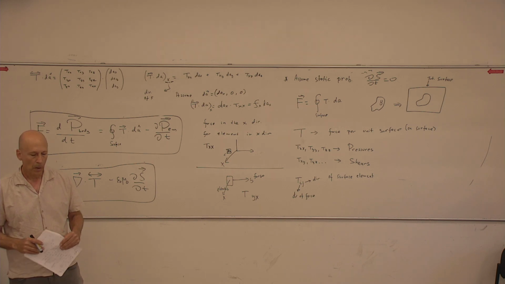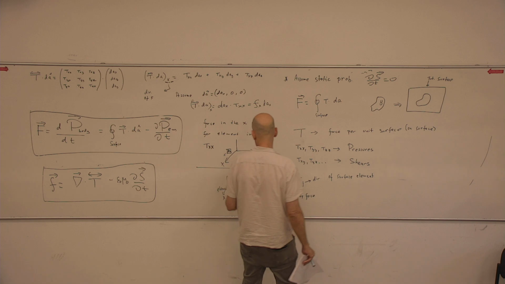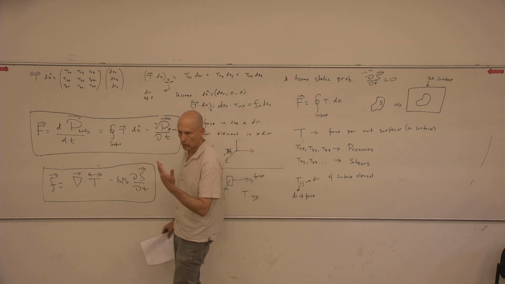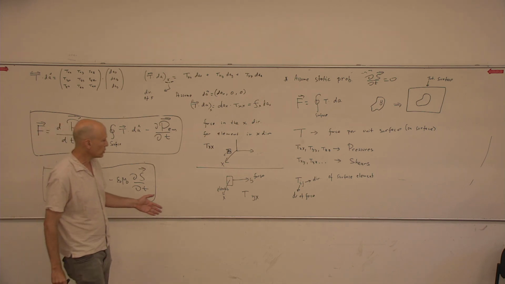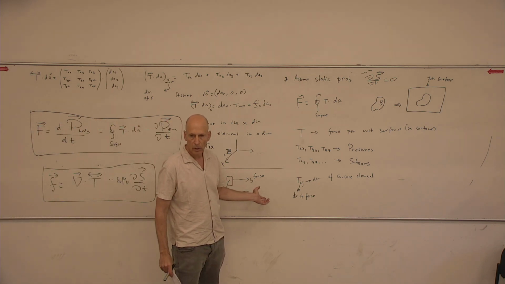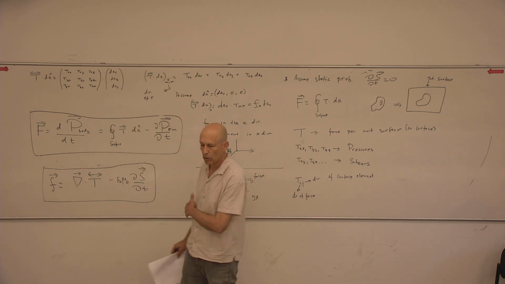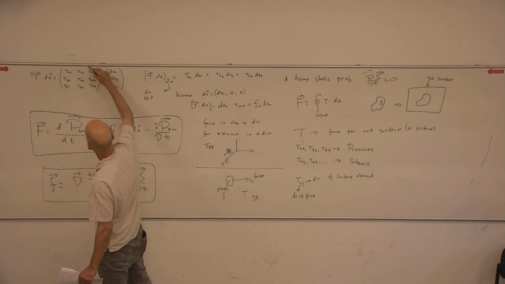I mean, this Tyx is not left and right. First of all, this Tyx can be either positive or negative. But you also have Tyz, so you have other contributions. I didn't plot all of them, but you have all of these.